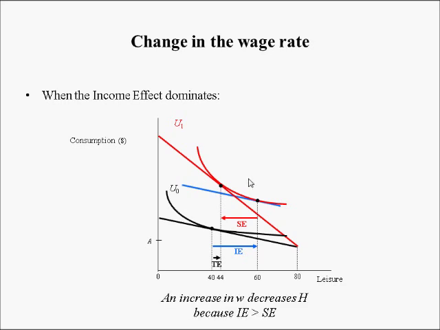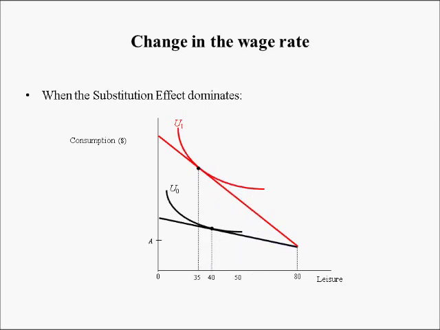An increase in W here decreases H because the income effect dominates the substitution effect. Remember, when you go from black to red, the wage is increasing, and since leisure is increasing, hours worked decreases.